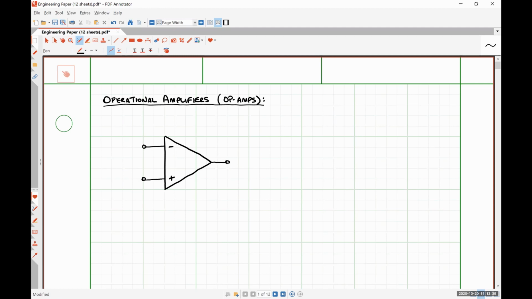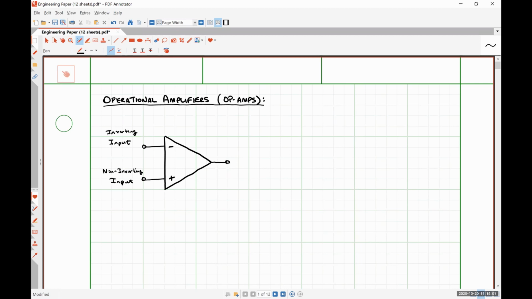So for the operational amplifier, we have two inputs. We have an inverting input pin here on the left-hand side and a non-inverting input pin as well here on the left-hand side.